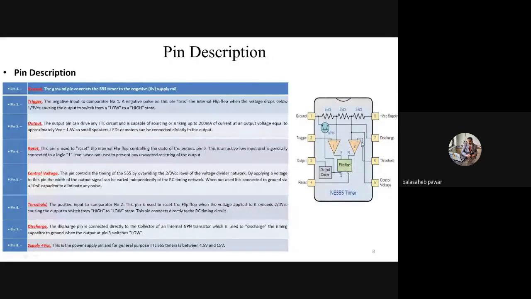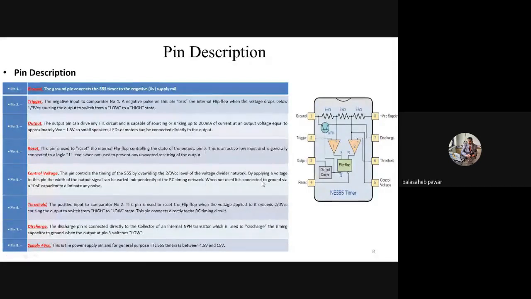Already there is 2 by 3 VCC voltage available, and we are overriding the control voltage on that. So if the controlling voltage is positive, then the voltage available at the inverting terminal of that second comparator will be 2 by 3 VCC plus the amplitude of this control voltage. So it gets overridden.